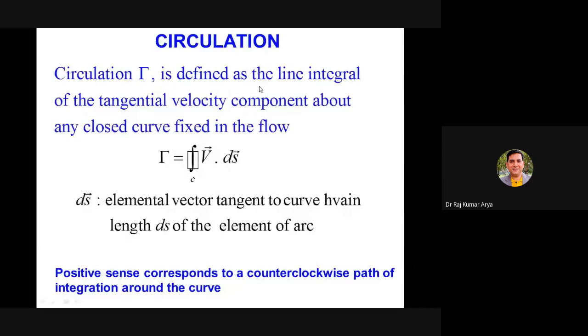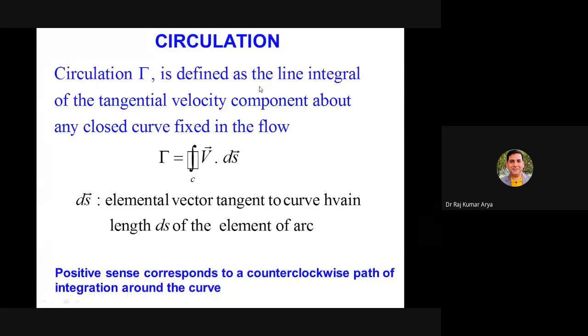This is the definition: the line integral of the tangential velocity component about any closed fixed curve is called the circulation. You are taking the velocity and multiplying by ds as a dot product, and that's called the circulation.